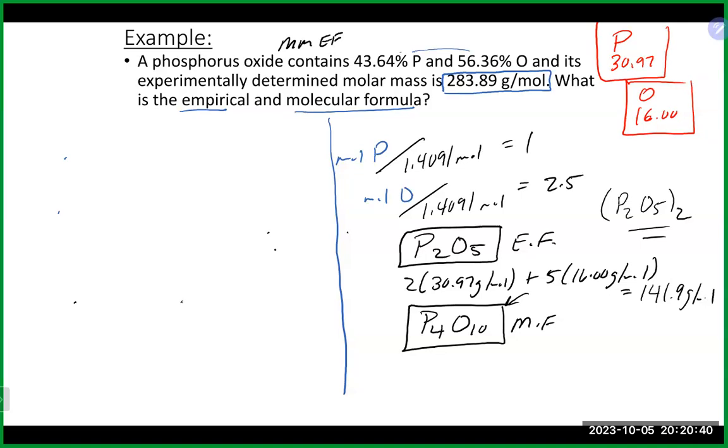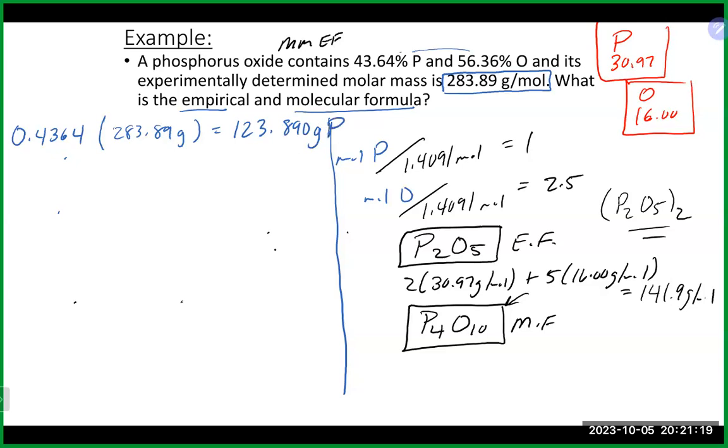So if I take the phosphorus and turn my percentage into a decimal, 0.4364, which is taking the 43.64% and dividing by 100, and I multiply it by the molar mass, which is 283.89 grams, that would tell me that I have 0.4364 times 283.89 grams, around 123.890 grams of phosphorus.